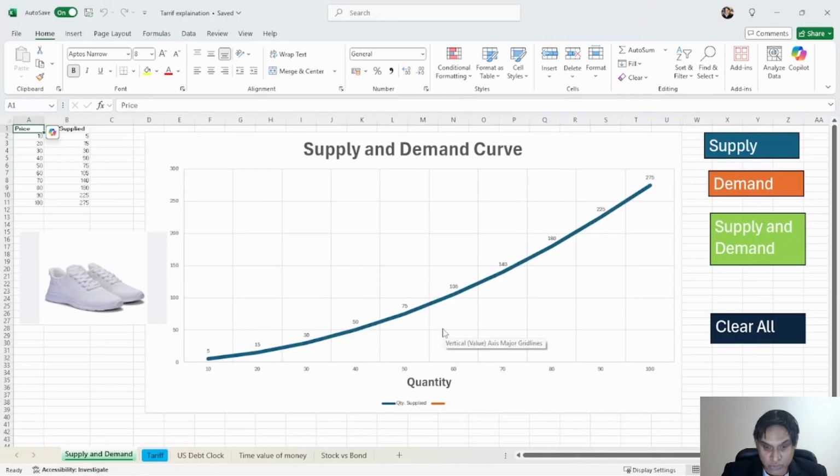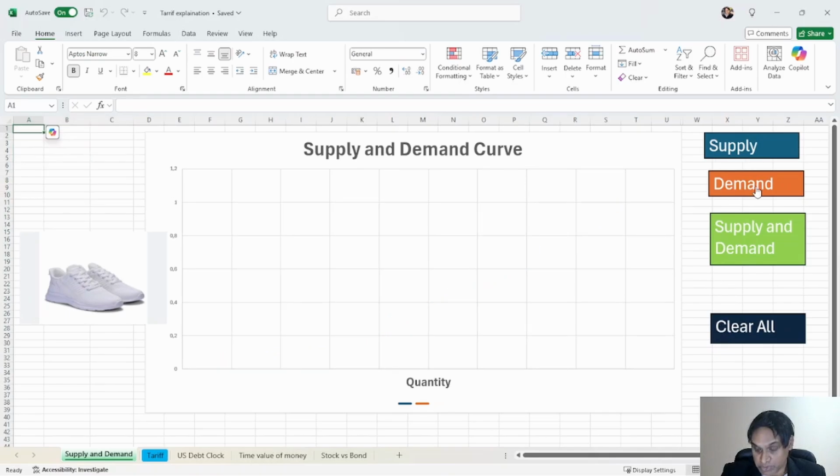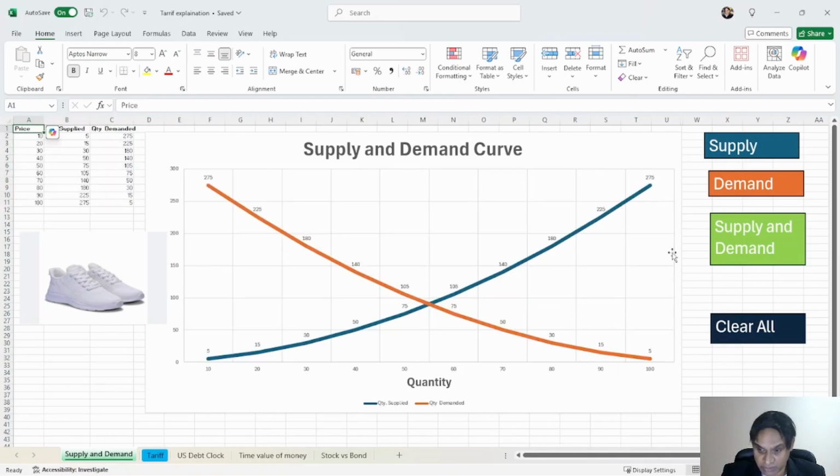So let's put these two curves together, which is what market economics is. There's your demand curve, downward sloping, and your supply curve, upward sloping. This is effectively supply and demand economics. This is as simple as it is. The theory is that where these two meet, where the supply equals the demand, that's your market equilibrium.